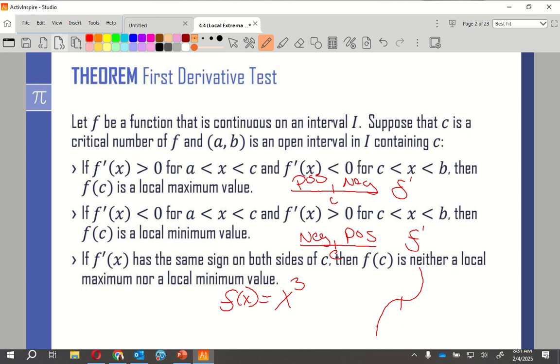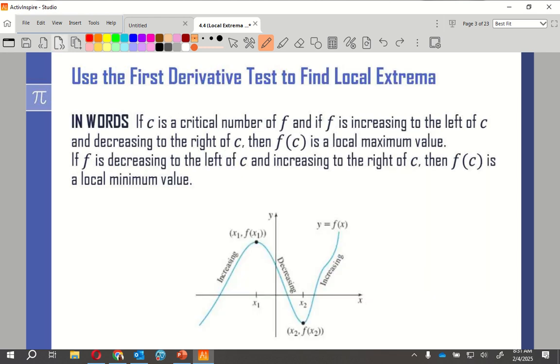This would be a c, where over here this slope would be positive, and this slope over here is also positive. Positive, positive. So that's what that means. So it's neither.